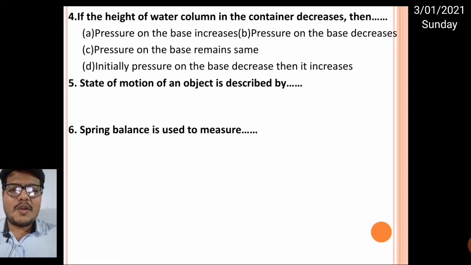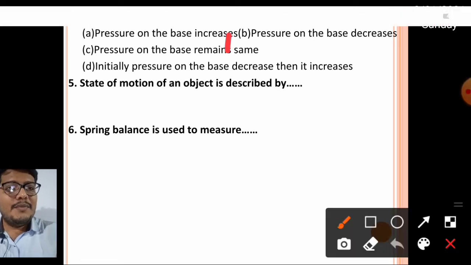So what will happen? As we all know, we're talking about water kept in a container, right? The pressure depends on the height, or the depth, of the container. So when the height decreases, the depth also decreases, right? So pressure decreases here. Option B is correct: pressure on the base decreases, right?